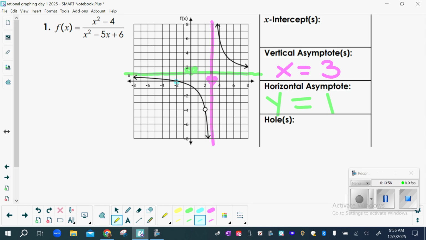So our x-intercept is -2, 0. You can't put just -2. Don't do it. That's not a point. We're not in algebra anymore. You want the x-intercept, you give me the point, -2, 0.